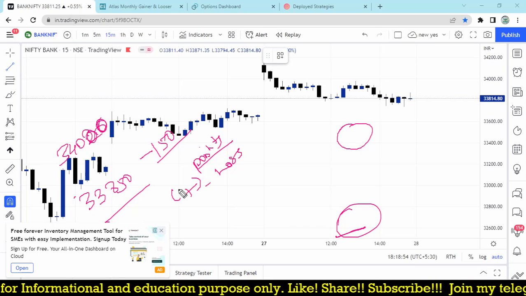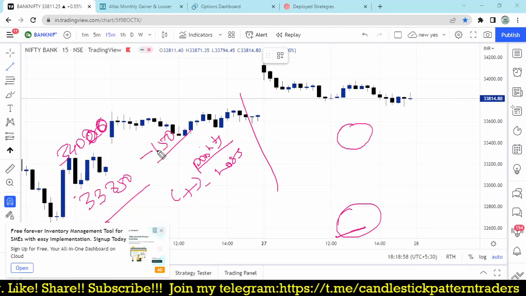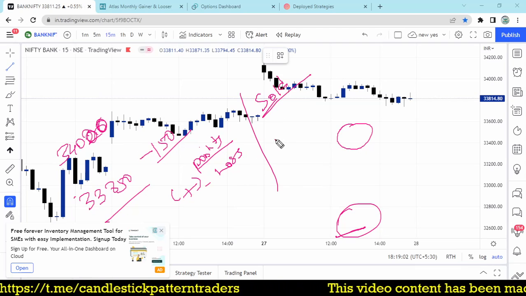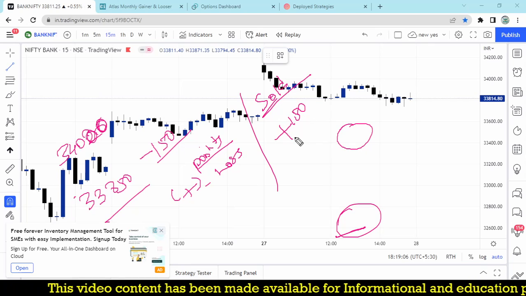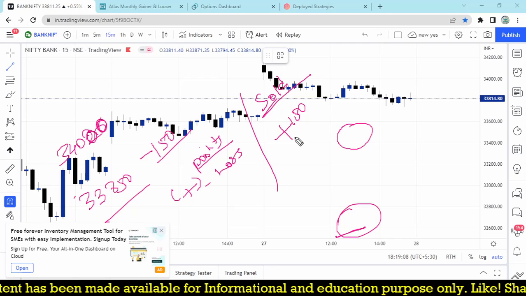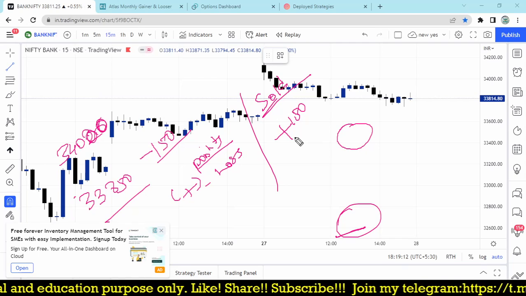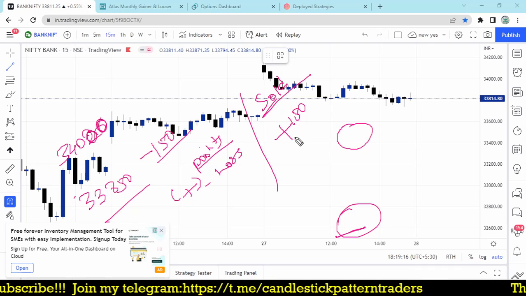Yes. If I bought it, I lost 150. If I sold it, I made a 150 point profit. That comes to around 3,750, or 3,500, 3,000. But after the market, anyone can tell you which direction the market went, up or down.